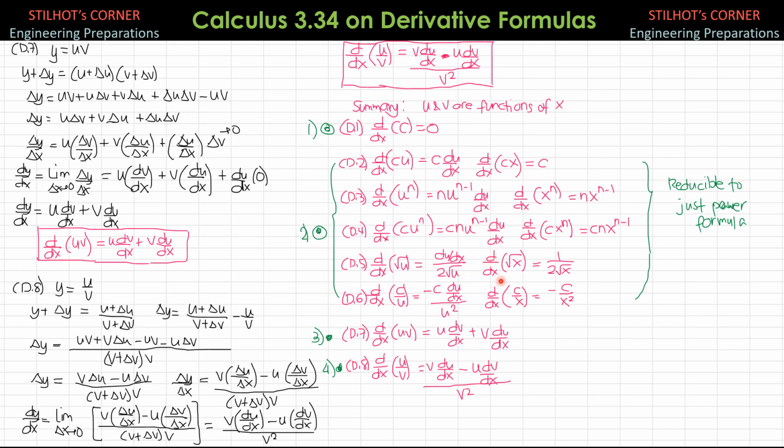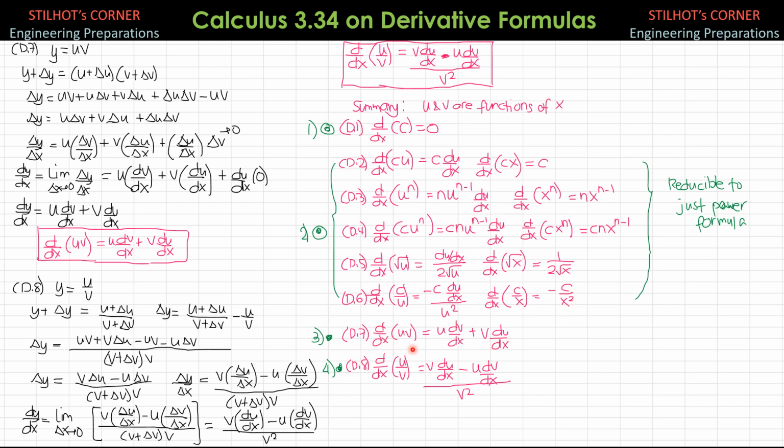And derivative with respect to x of square root of x is 1 over 2 square root of x. Then D.6, derivative with respect to x of constant over u is negative constant times derivative of u with respect to x over u squared. Derivative of constant over x is negative constant over x squared.